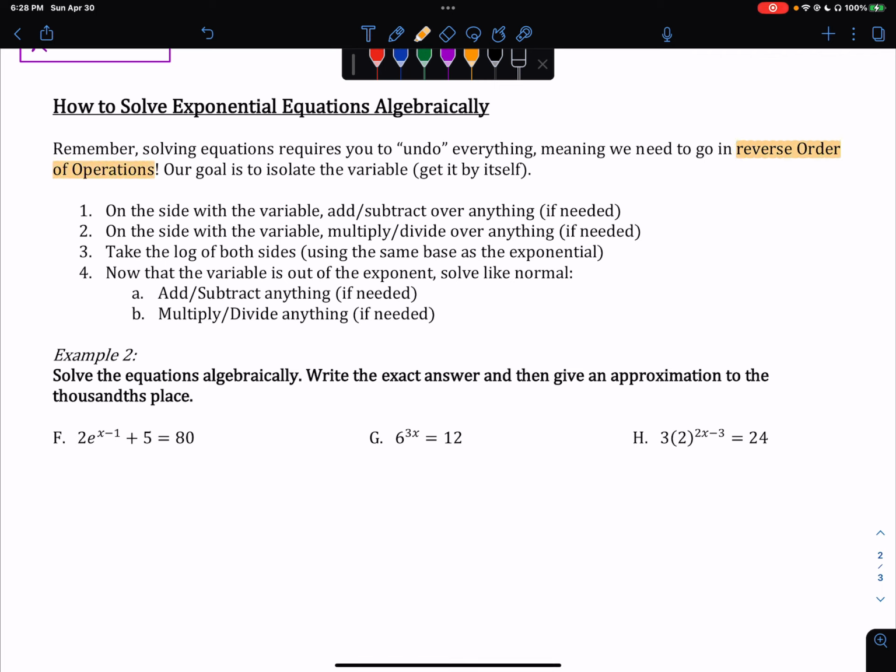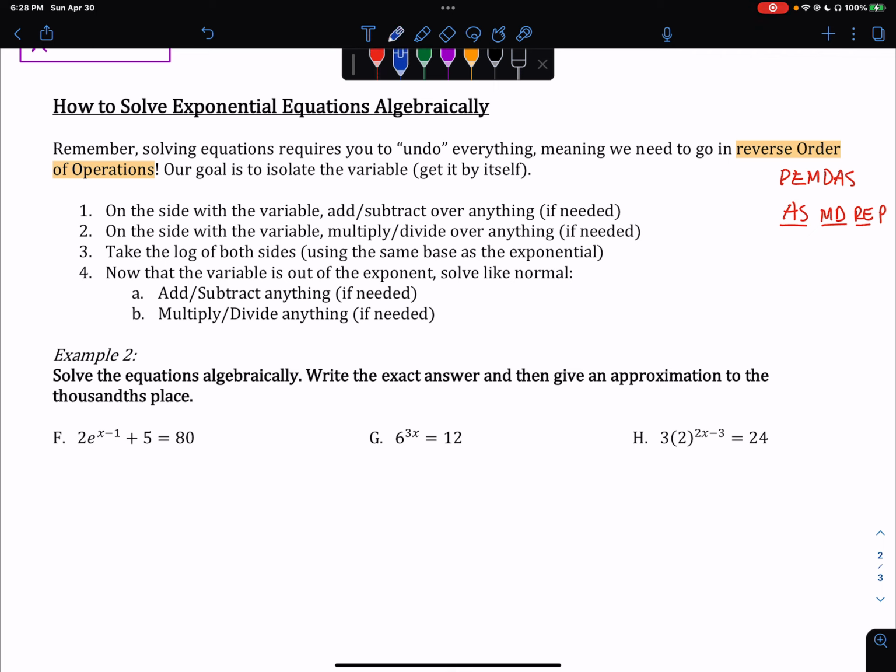Okay, so remember, order of operations is PEMDAS. And so when we go in reverse order, it's like, okay, is there anything that I can add or subtract first? Then is there anything I can multiply or divide? Then is there any roots or exponents? And then what can I do in the parentheses? Okay, so we have to unwrap that by going in the reverse order.